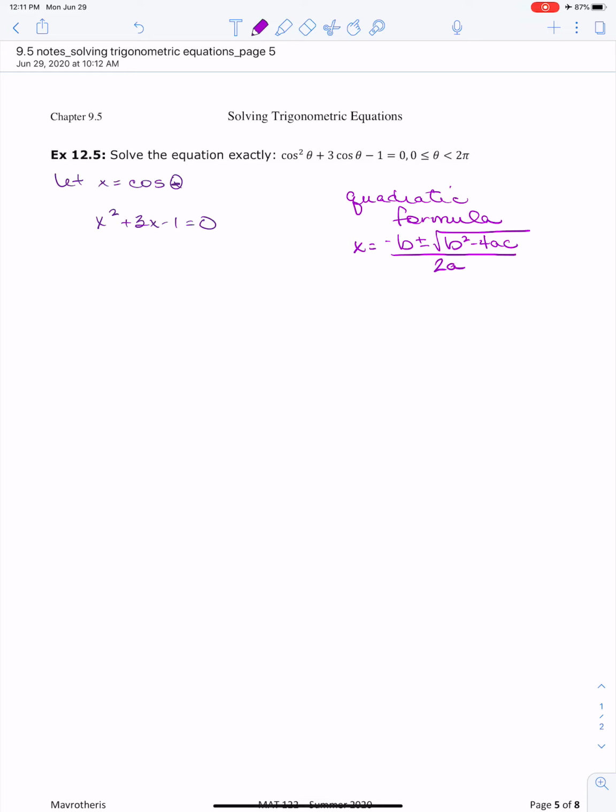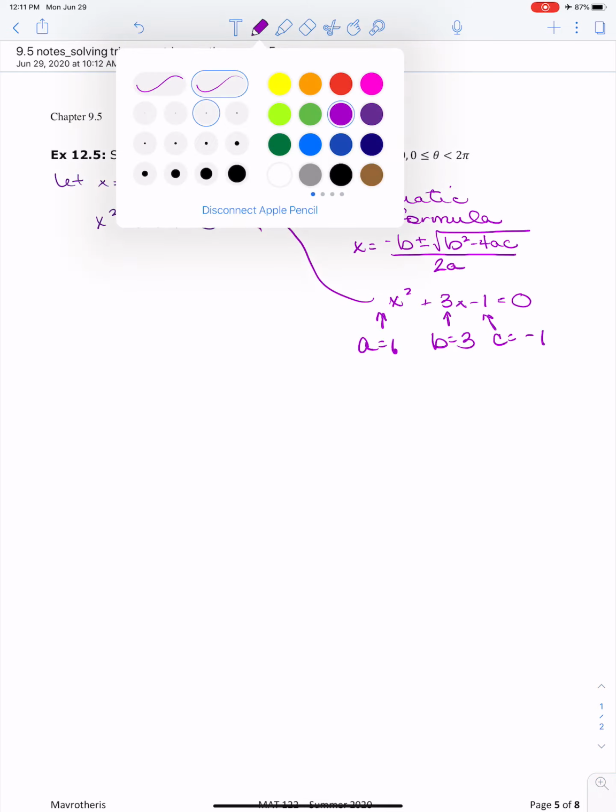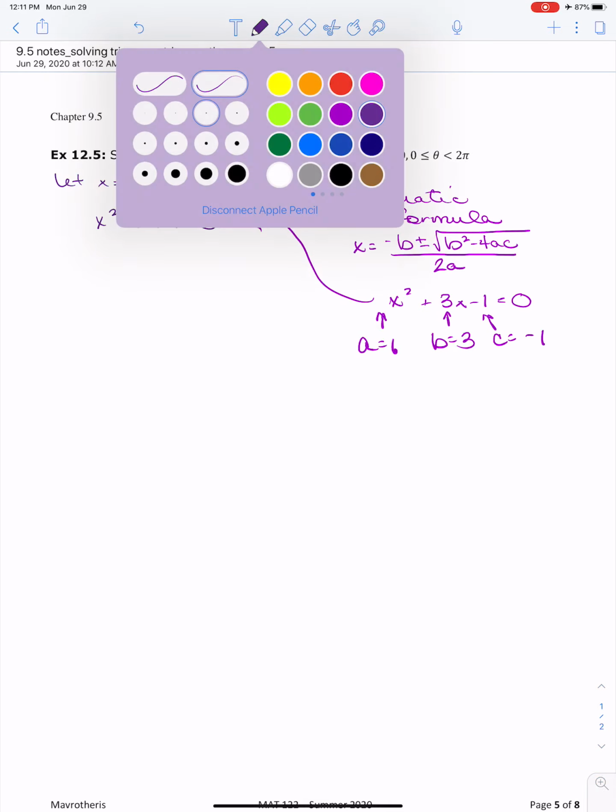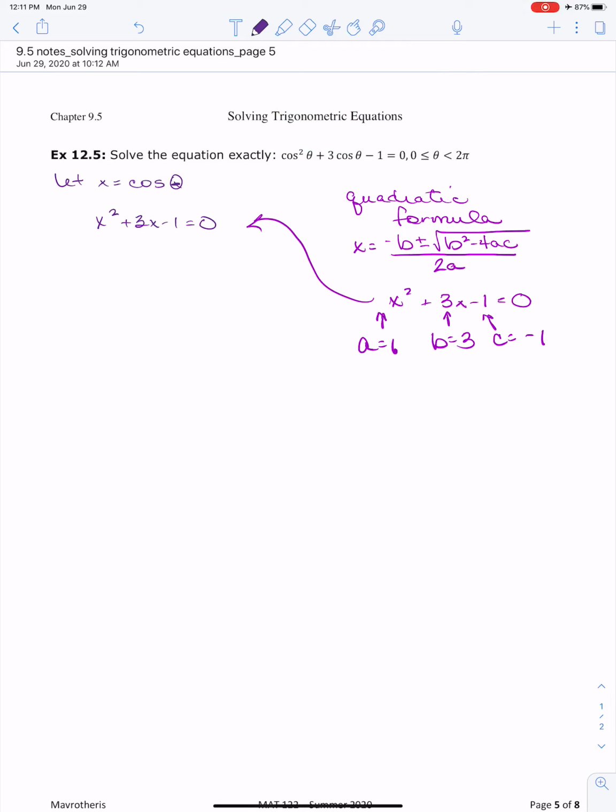Just as a reminder, in my quadratic here, x squared plus 3x minus 1, here's my a, here's my b, and here's my c. And I tend to always write those out, that way I don't make any mistakes plugging anything in. Okay? So I know my two solutions are going to look like this.